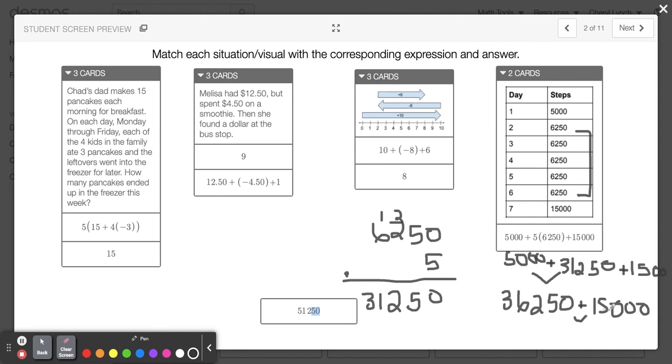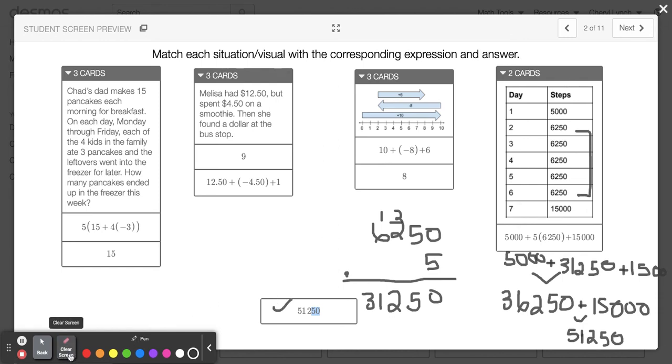Well, I know in my hundreds I'm going to have 250 because I have no hundreds that I'm adding. I know I have 6,000 plus another 5,000, so that's going to give me 11,000, and 30,000 plus another 10,000 plus that 1 from my carryover. So 51,250, and sure enough, that's what I have right here.